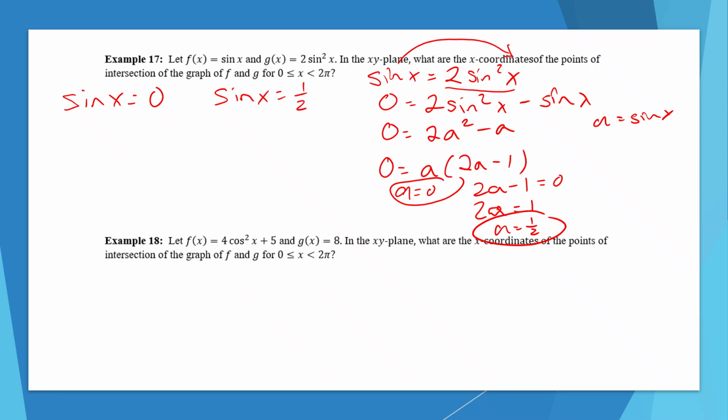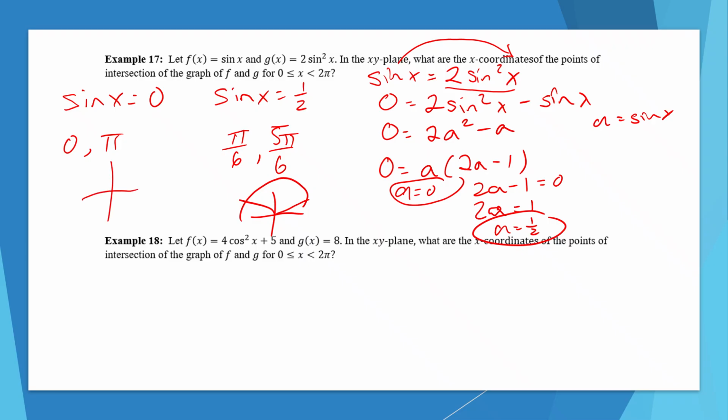Solving them between 0 and 2 pi, sine of x is going to equal 0 at 0 and pi. Sine of x will equal 1/2 at pi over 6 and 5 pi over 6, because it should only be in the first and second quadrant at a 30-degree reference angle.